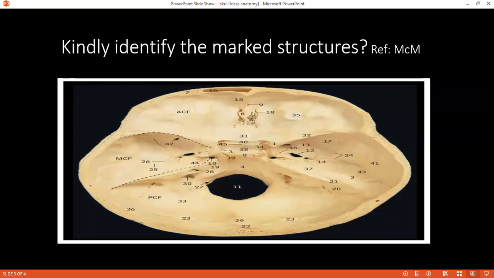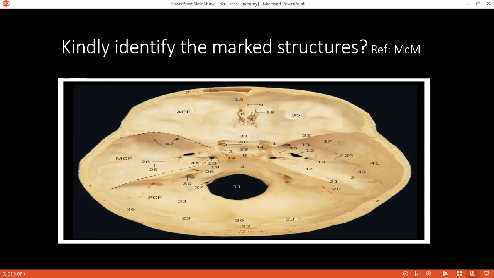Okay, what is the clivus? Am I saying it right? Yes, the clivus is the downward sloping part of the anterior portion of the occipital bone. Can you identify it here first, please? Number 4, ma'am. Yes, very good. What's the significance of it? Yes, the clivus is the anterior relation of the brain stem.